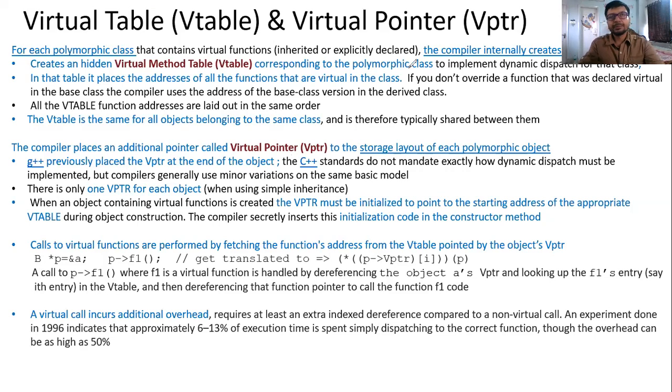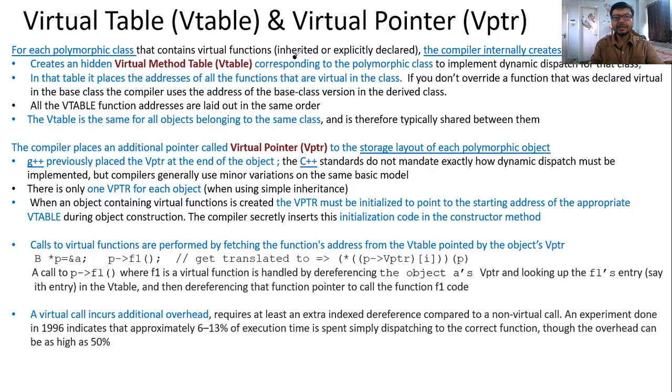So what we mean is each class will have its own vtable, and the vtable will contain the addresses of all the virtual functions that particular class is having. So how can a class have its virtual functions?